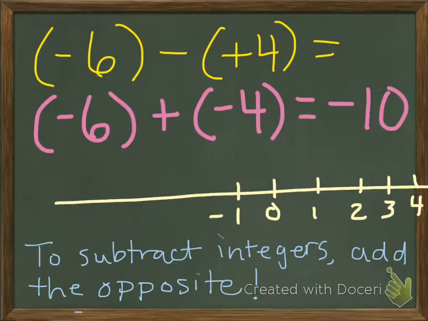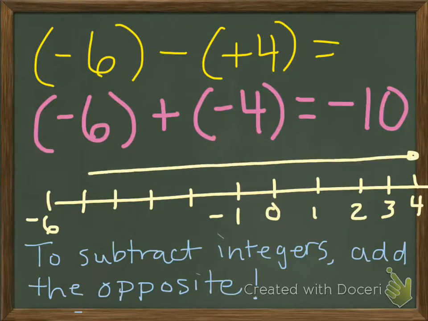Negative 1, 2, 3, 4, 5, 6. Okay, so for this one then it's saying, how far would I have to travel to get from positive 4 down to negative 6, and I can see there that there are 1, 2, 3, 4 to get to the 0, and then 6 more, which is going to give us an answer of negative 10.